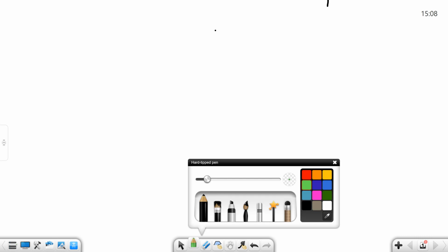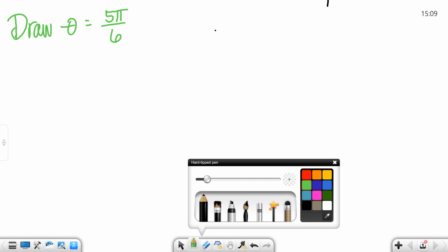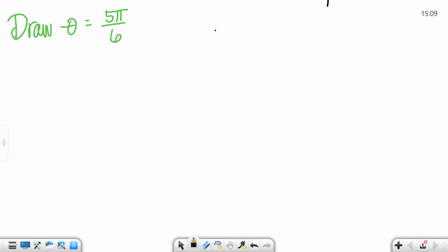Okay, let's say that we want to draw theta at 5 pi over 6. So for 5 pi over 6, I need to figure out how is that related to any of those that we just did. Well, I know that pi is really 6 pi over 6. I can really think of it like that.